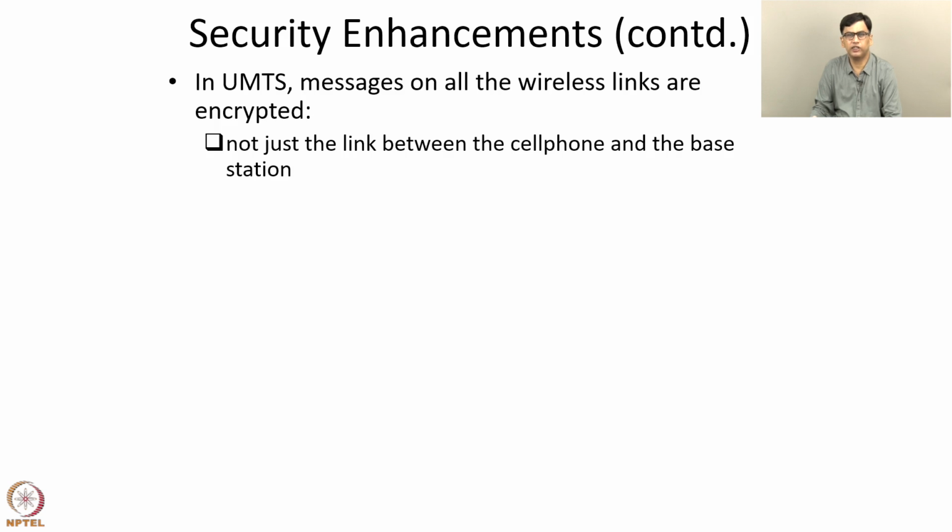So messages are sent in the clear, that is in plain text form, on these links connecting the base station to the BSC. In contrast, in UMTS, messages on all the wireless links are encrypted. So if the link from the base station to the BSC is a wireless link, then messages are encrypted on that link as well.